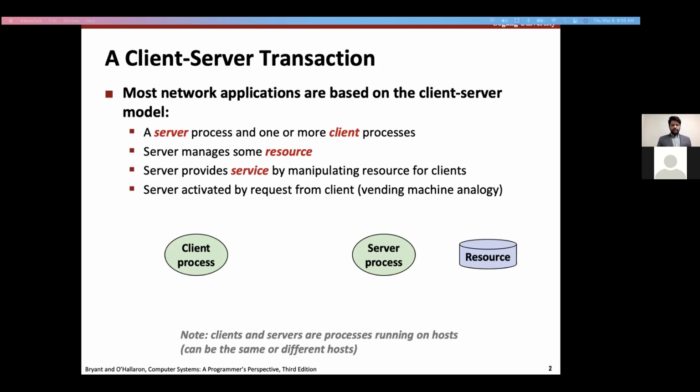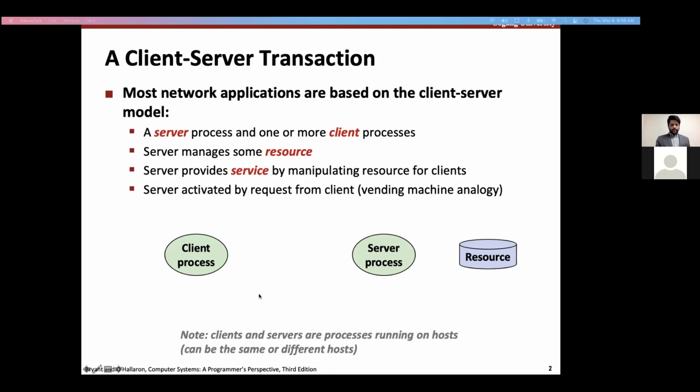So the fundamental operation in the client server model is the transaction, as you can see. I'm going to show you how the transaction is performed in the client server environment in the figure below. Note that it is not mandatory that the client and server processes run on different hosts. They can be running on the same host as well.